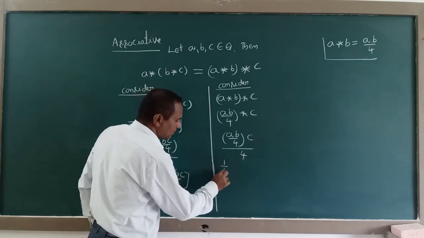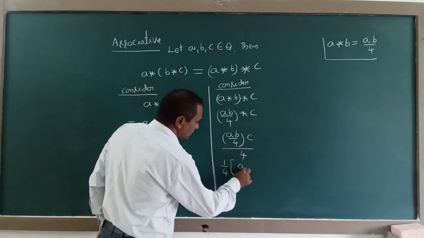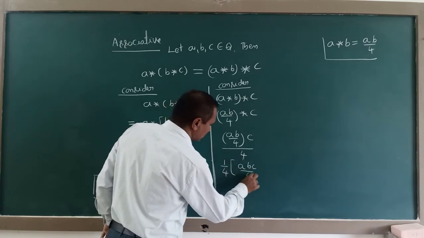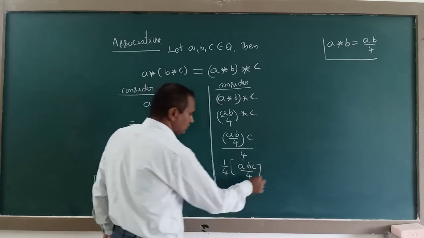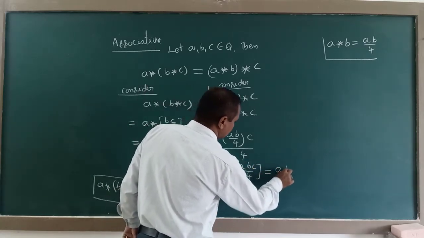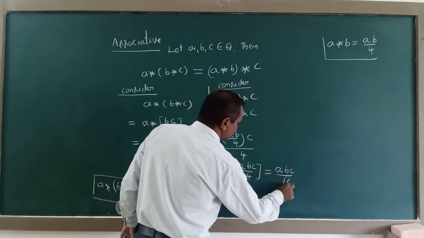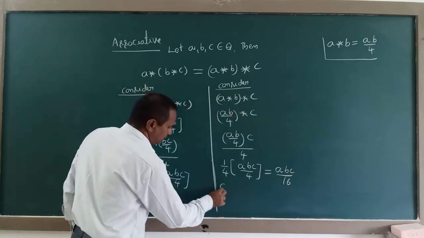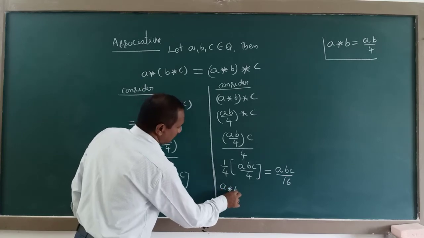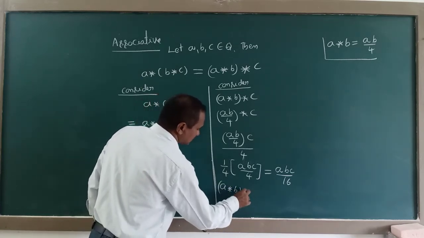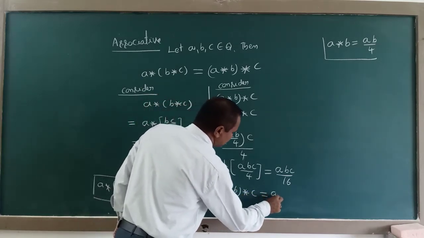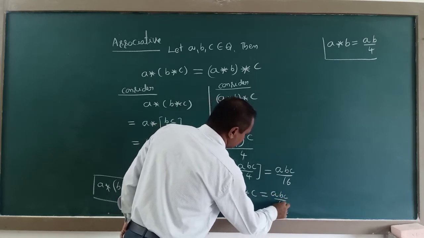Take 1 by 4 common, then we will get abc by 4 by 4, which is equal to abc by 16. That's what we can write here: a star b of star c is equal to abc by 16.